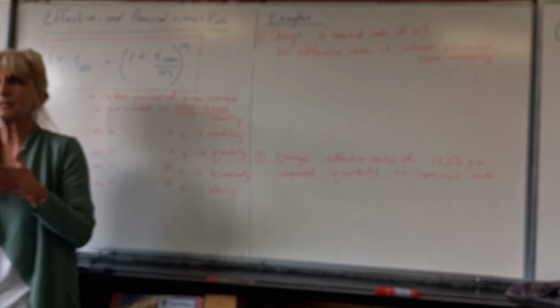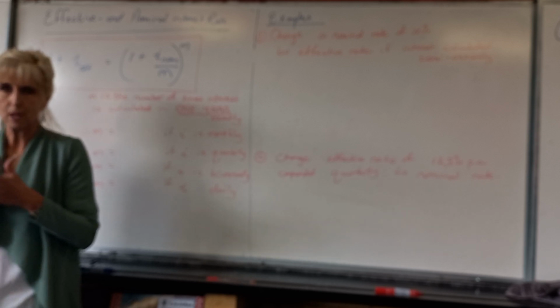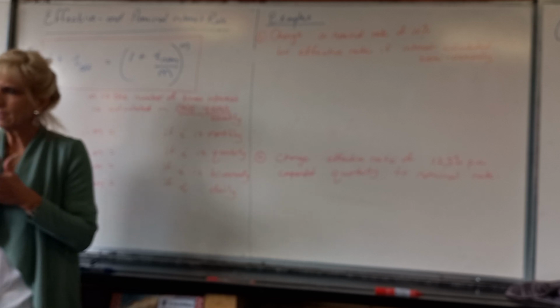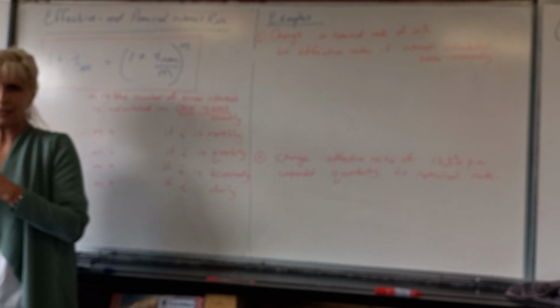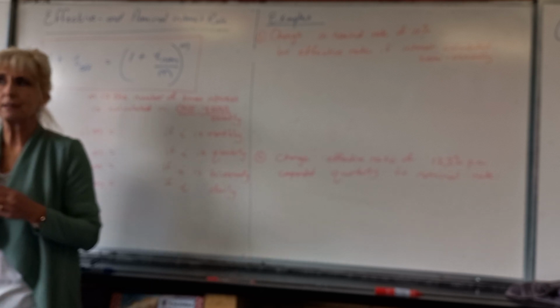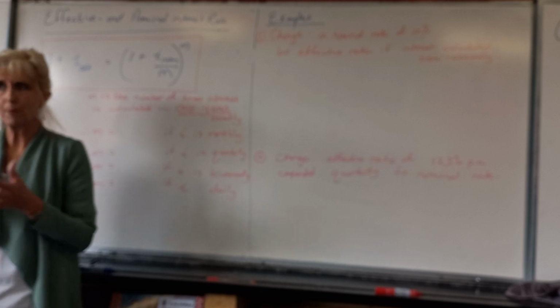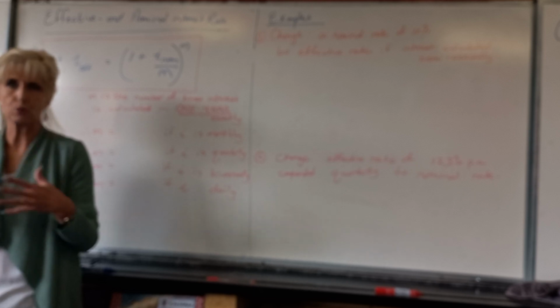Now, if he says 12% per year, but he compounds it monthly, will monthly be better or will daily be better? Why do you say that? So you should get a little more, the more frequently he compounds it for you. Compounds is he works it out.